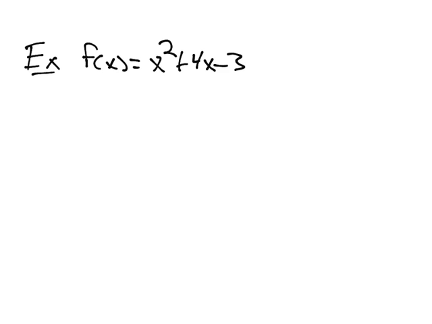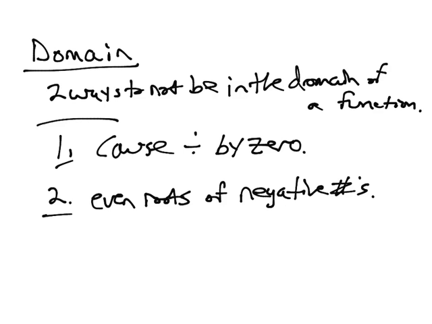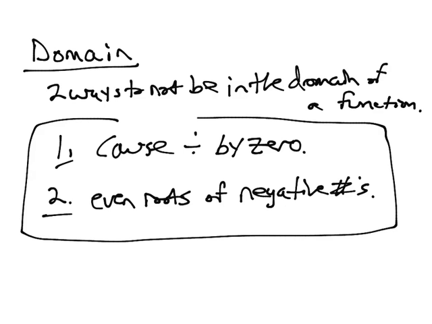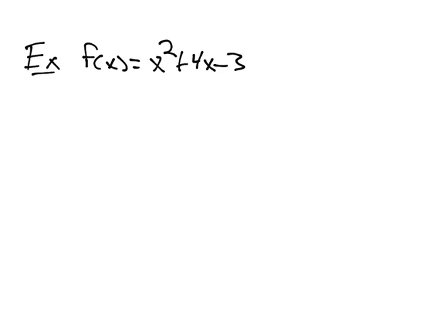So in that last function, I had f of x equals x squared plus 4x minus 3. Well, if we analyze this function and look at what causes you to not be in the domain, division by 0 or the square root, 4th root, 6th root, the even roots of negative numbers, this function doesn't have either one of those problems.